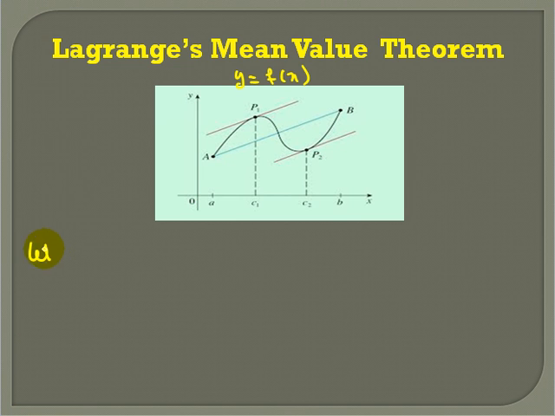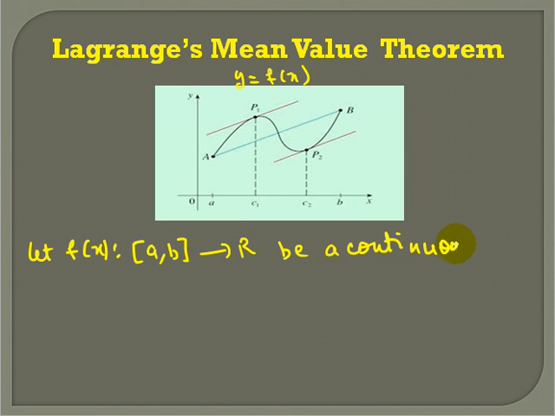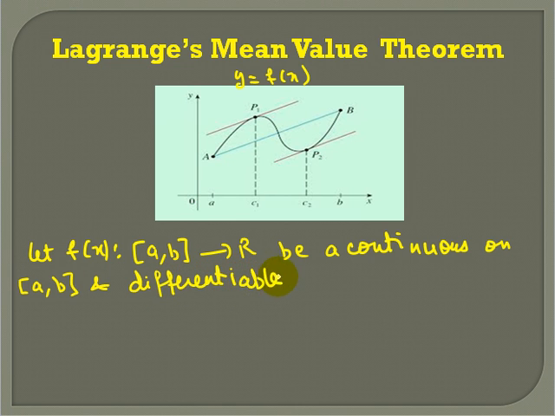Again, say f(x) is our function from the closed interval to the set of real numbers, and we are assuming it to be a continuous function on the given closed interval a to b and differentiable in the open interval (a, b).